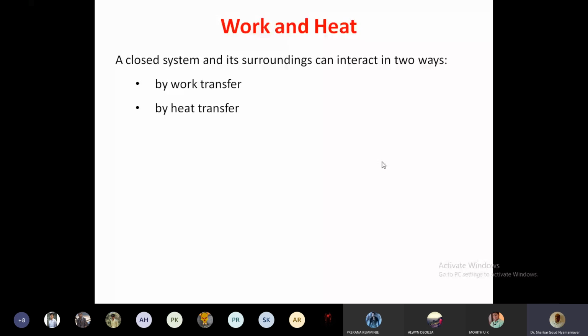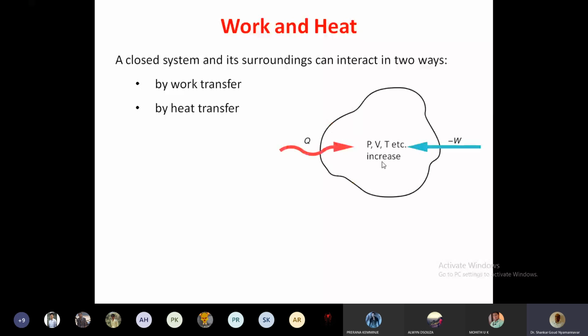So how is energy interaction between a system and surrounding possible? There are two ways. One is a work transfer, the other one is called a heat transfer. So these are the two ways that energy can be transferred from a system to surrounding or surrounding to system.